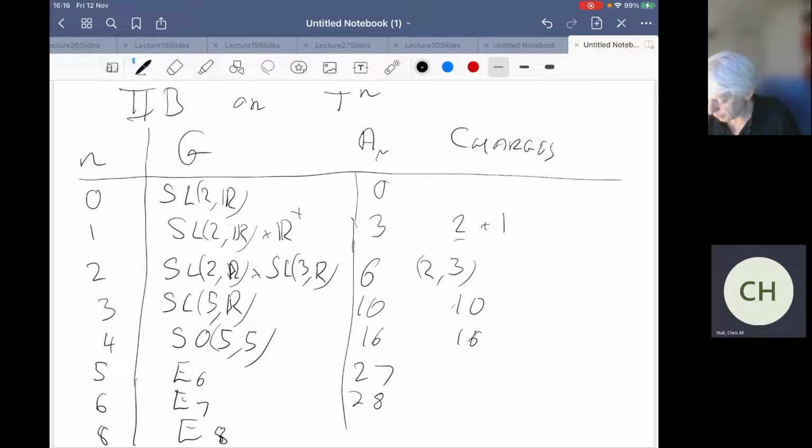Here they're in the fundamental representation of E6, which is the 27. And here we have the 56, which consists of 28 electric charges and 28 magnetic charges. So we see that the kinds of charges which these fields can carry all fit into representations of the group G.